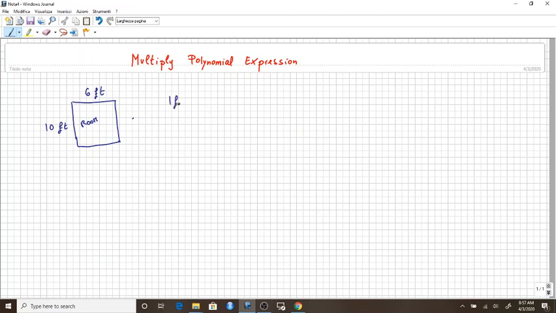So if you extend the room by x plus 1 feet, okay, so question number 1. What's the new area?